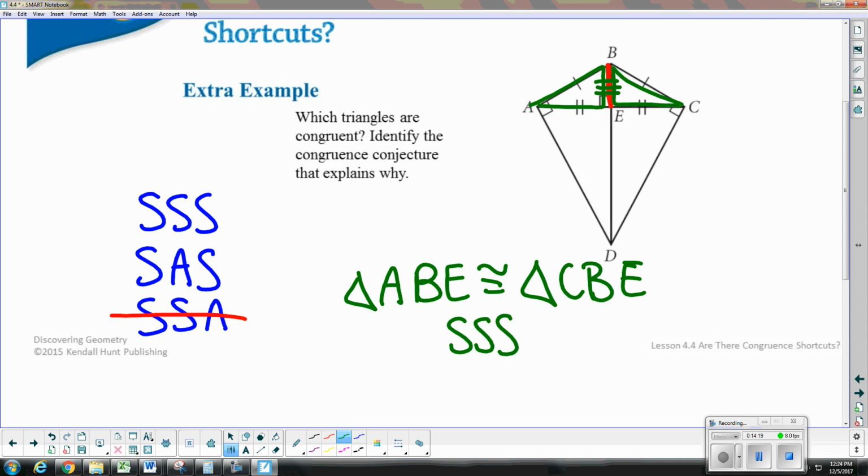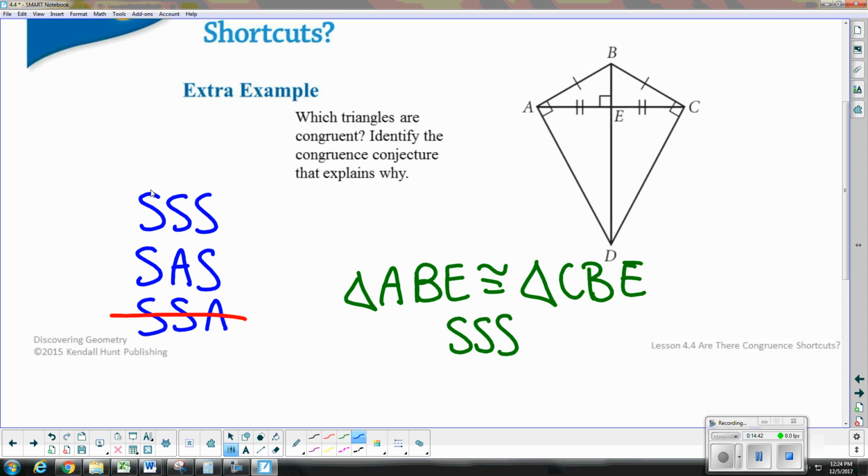All right, so that's our first congruent triangle. Another congruent triangle is, I'm going to erase this one.